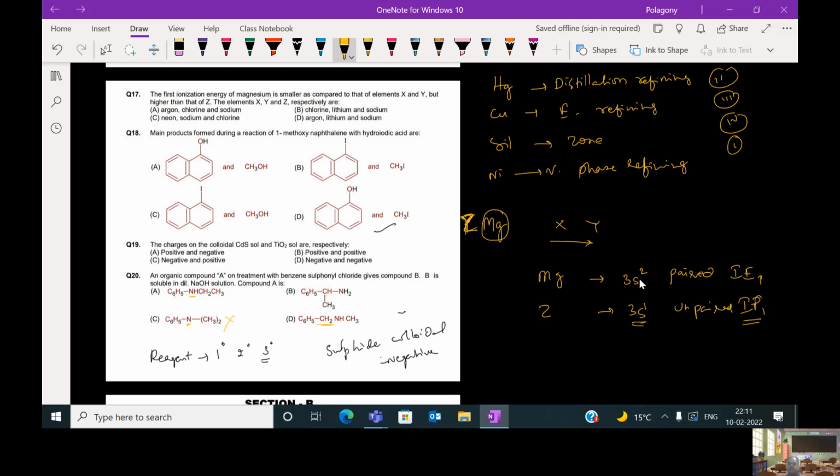So Z might be sodium. And X and Y fall in the same third period, so chlorine and argon, because after magnesium, halogens have higher ionization enthalpy. If you look at the options, argon, chlorine, sodium is matching. The 17th one is A. Now question number 18.